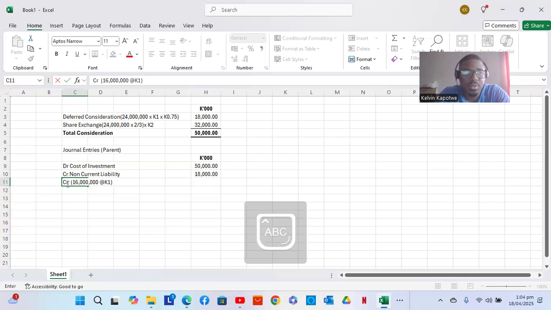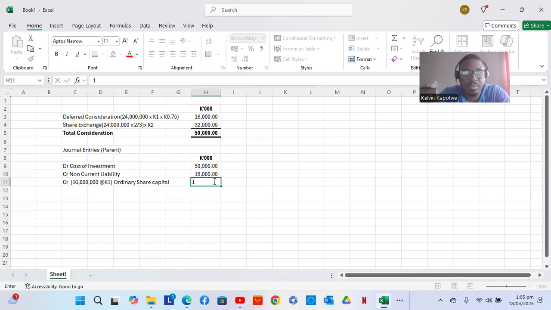So this is basically our ordinary share capital, which will be 16 million.